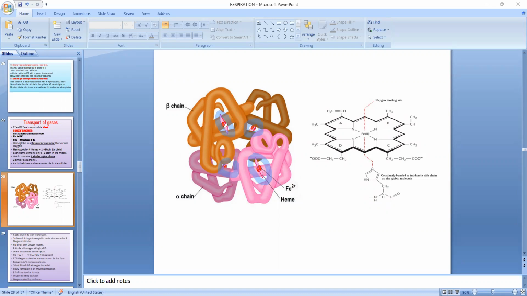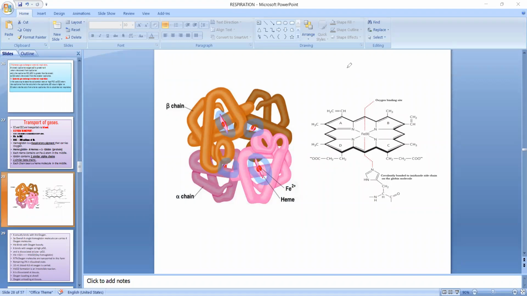Every polypeptide chain of globin protein contains a heme molecule. So 4 polypeptide chains are present, 4 heme molecules are present. That is what we should remember.